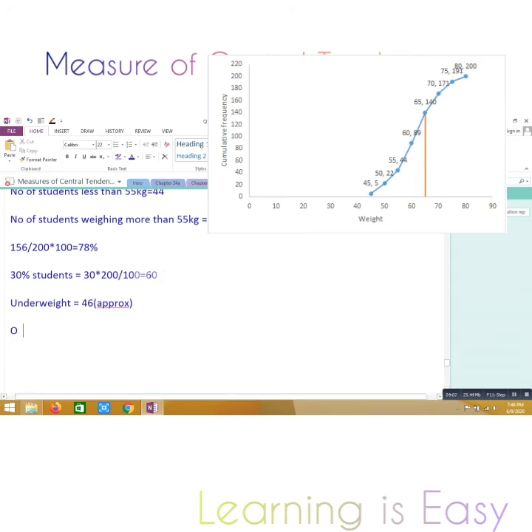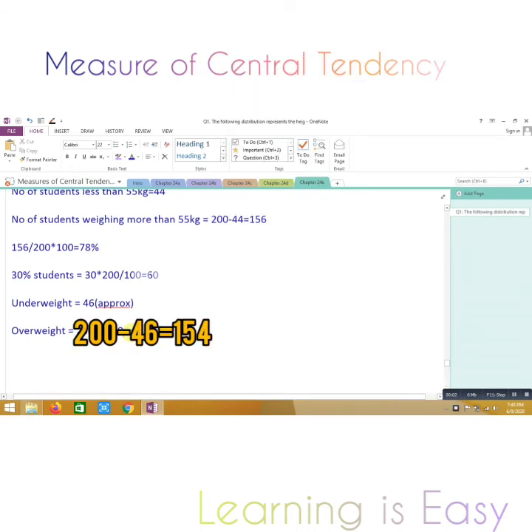By drawing from 55.7 kg, you can verify that. Overweight is 200 minus the same standard value whatever they have given, 55.70. So overweight is approximately 154 students.